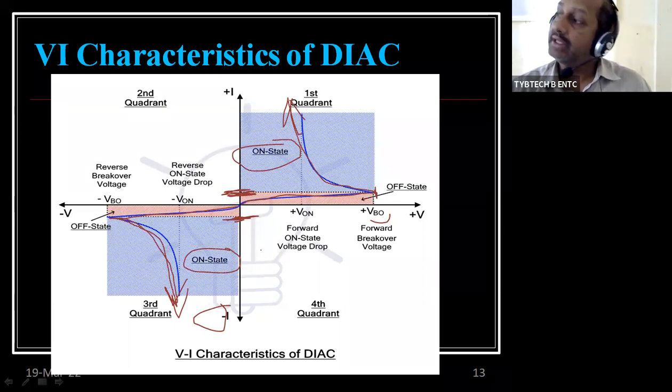As we have seen in the TRIAC, IG1, IG2, IG3, that concept is not applicable in this one. So how to make the DIAC on, or when will the DIAC get on? Only if it crosses the VBO.